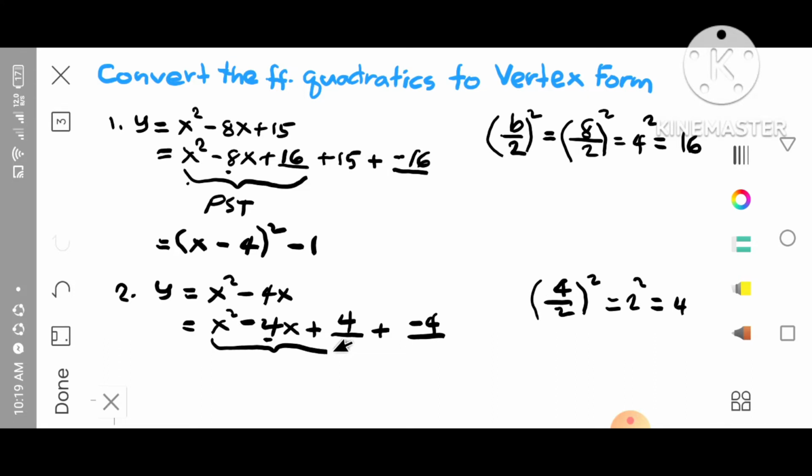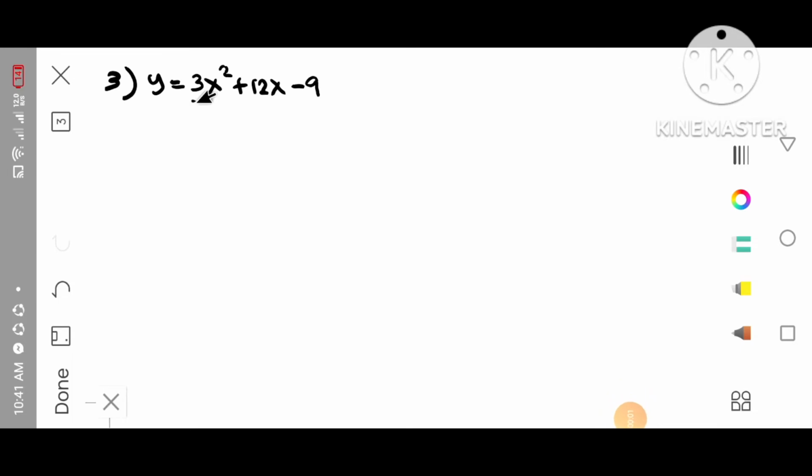So now x squared minus 4x plus 4 is now a perfect square trinomial. So to factor, get the square root of the first and last term. So we have x, get the sign of the middle term, and then square root of 4 is 2. And then quantity squared. Okay? So ganun lang yun. And then bring down minus 4. And that's it. Okay?